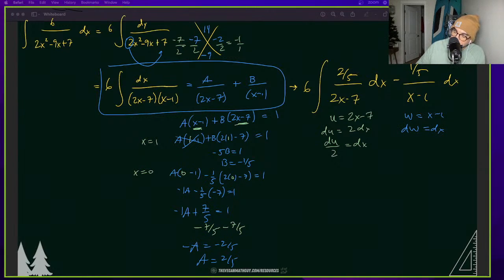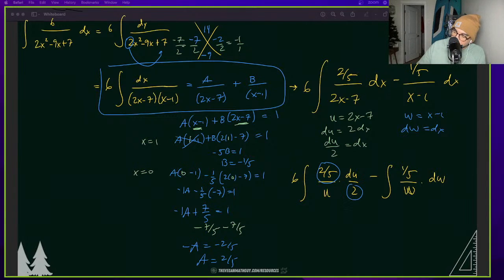Okay, so now we have this amazing integral: 6 times the integral of 2/5 over u times du over 2, minus the integral of 1/5 over w times dw. A couple housekeeping things.